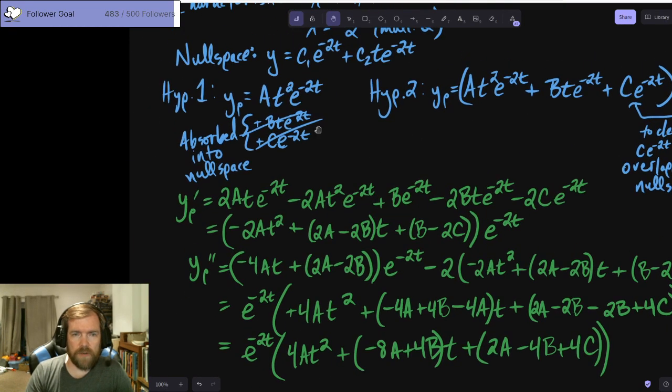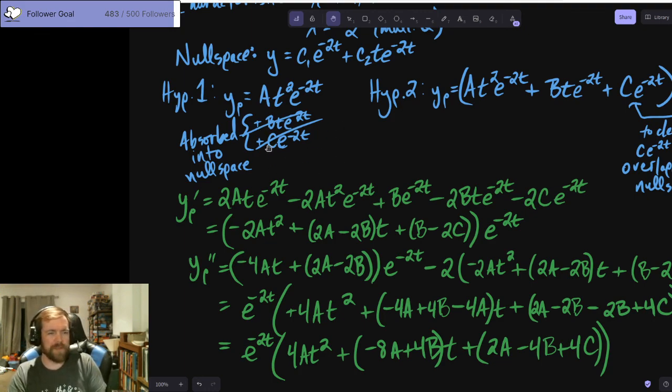Again, the issue that we had with hypothesis 1 here was that we were taking the polynomial a t squared e to the negative 2t plus bt e to the negative 2t plus c e to the negative 2t, and then saying, if this is going to be part of our solution, then these two bottom terms here are going to be part of the null space solution. So in the end, they don't end up being used, but they are, in fact, going to be used.